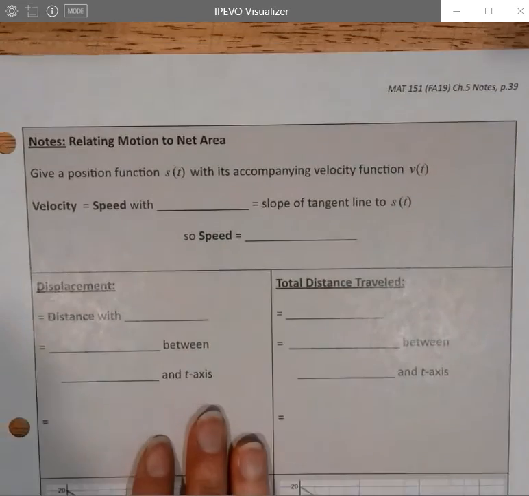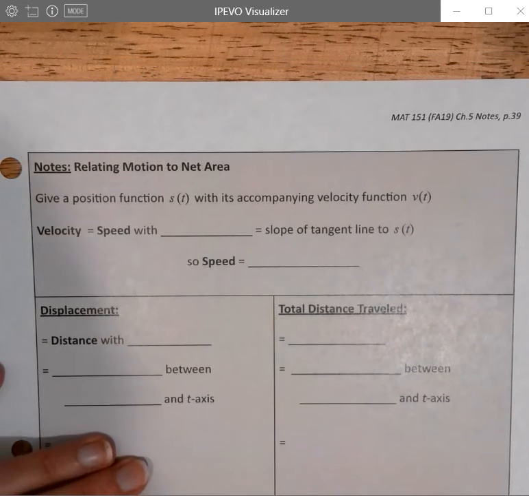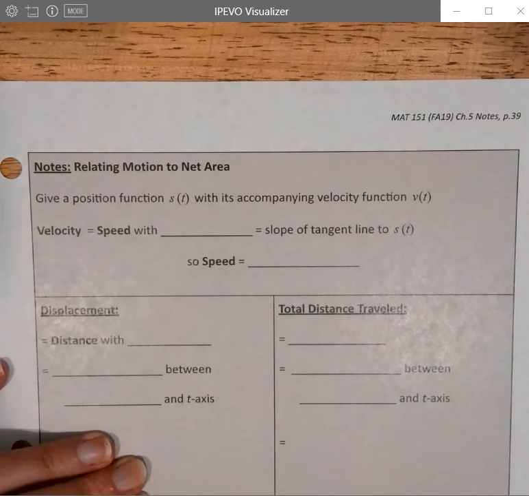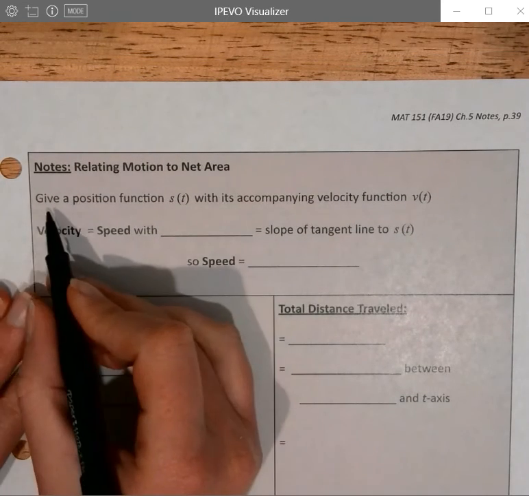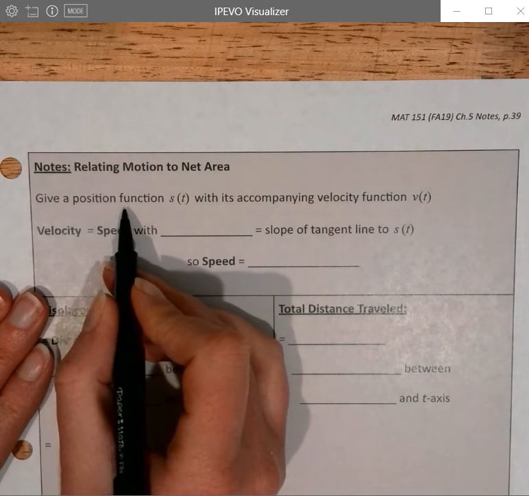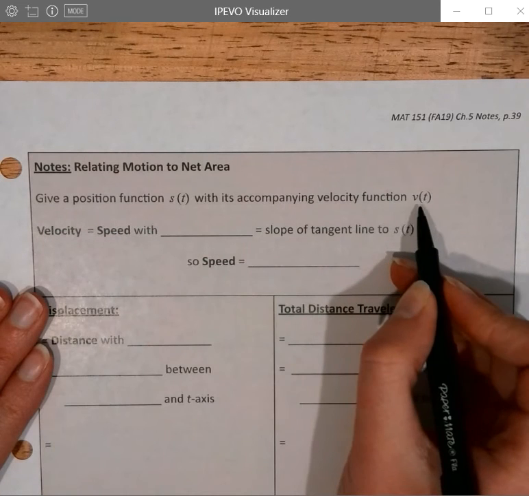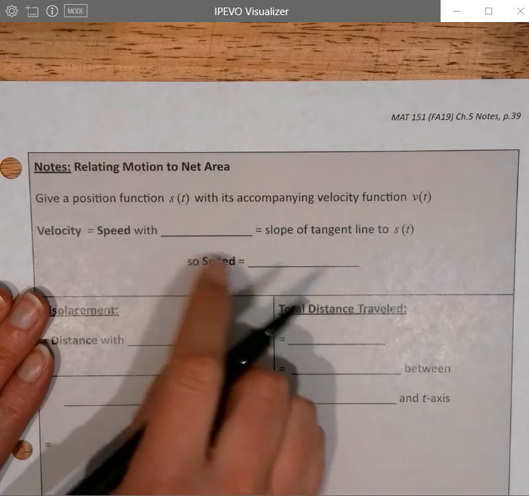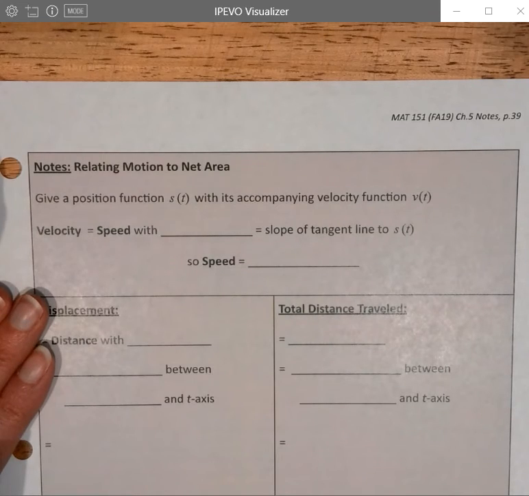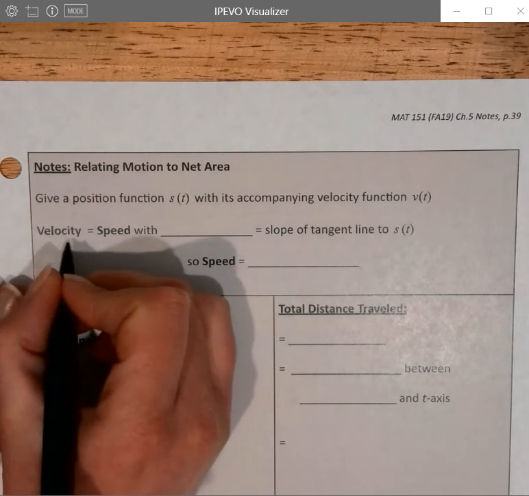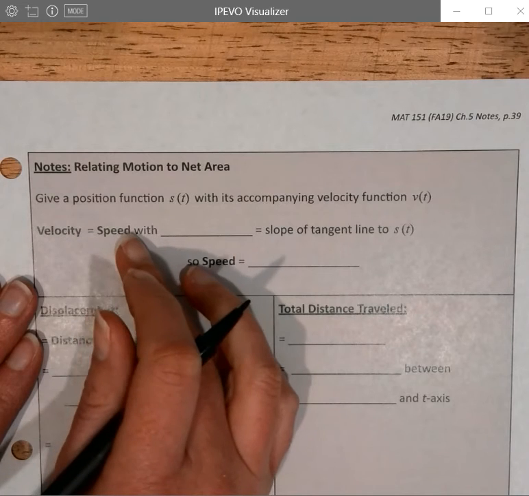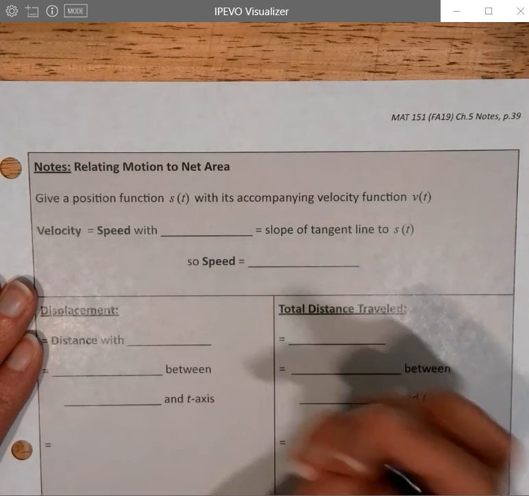And here are some further notes relating motion to net area. So this summarizes a little bit what we talked about in the previous page. Given a position function s of t with an accompanying velocity function v of t, velocity is related to speed and the slope of the tangent line.